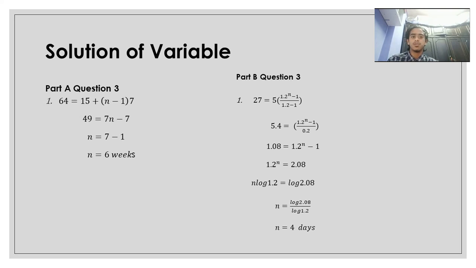We put it in the formula. So it goes like this: 64 minutes per day is equal to 64 minutes. So the 64 minutes equals the first term, which is 15 minutes, plus in the bracket the term n minus 1 and the common difference, which is she increased by 7 minutes, so 7 minutes.